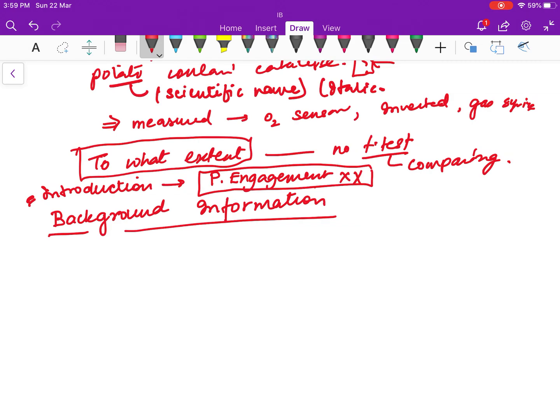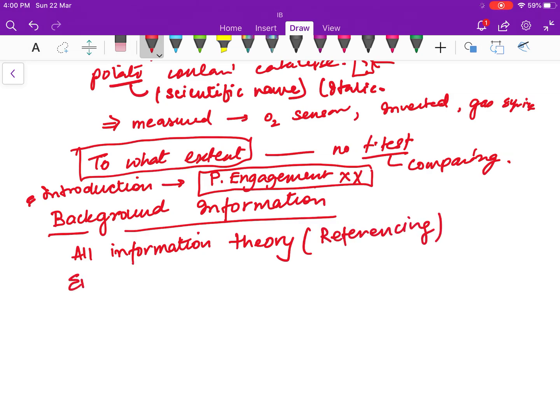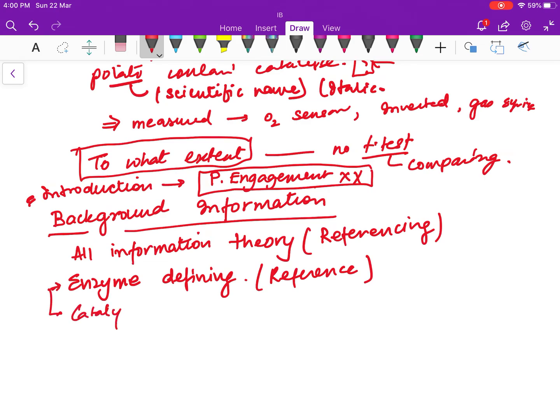Background information should include all information which is supported by theory with all referencing. If I'm giving the enzyme as an example and defining enzyme, this should be referenced. Then this investigation, if I take this investigation as an example, so enzyme, I talk about catalase.